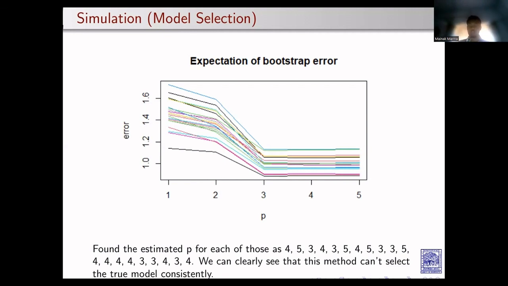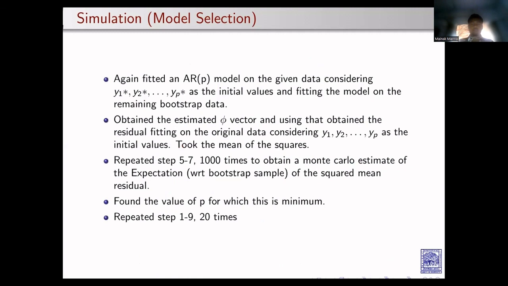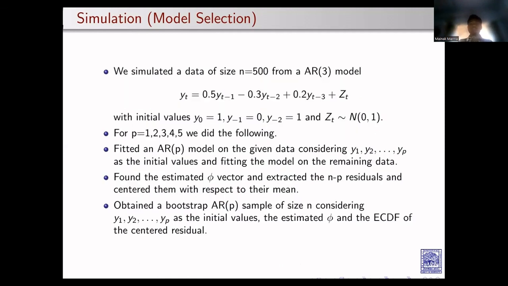But as we have proven the result, instead of choosing 500 bootstrap samples, if we had drawn a smaller number of bootstrap samples, here I have taken m equal to 25, which is approximately of order root n, since n was 500.